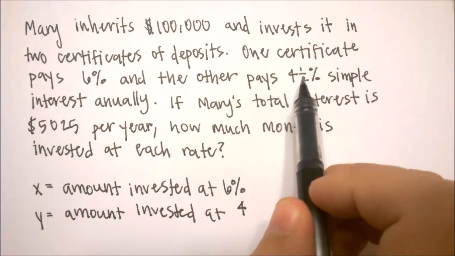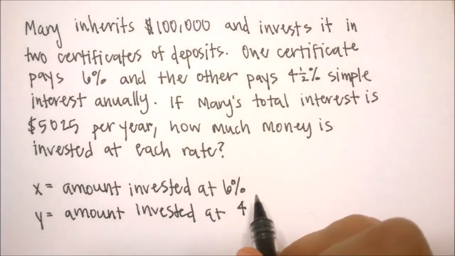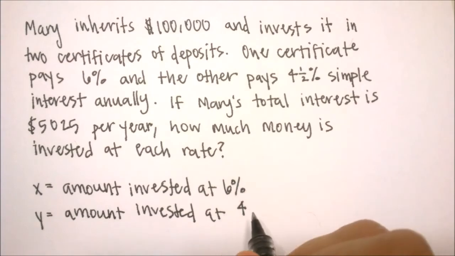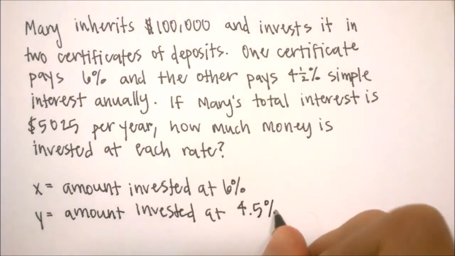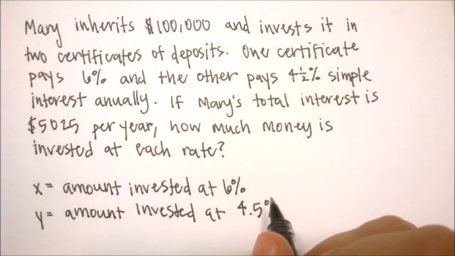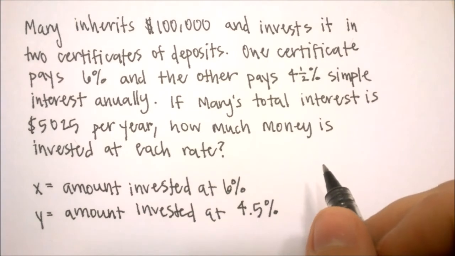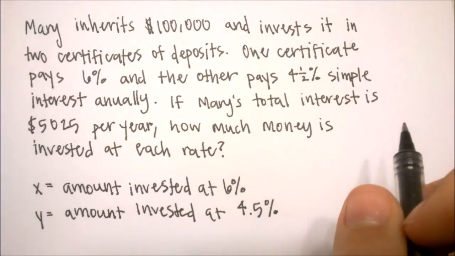And let's go ahead and write this. In the problem it's 4 1/2 as a mixed number, but we're going to write it as 4.5% because that's going to be easier to convert to a decimal representation of percents, because that's what we can work with algebraically.